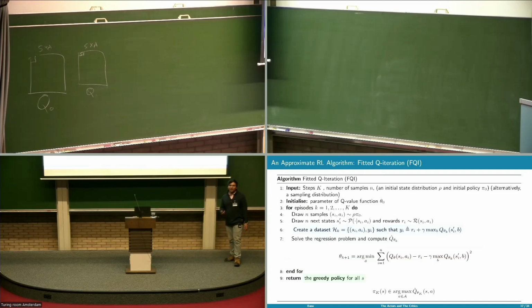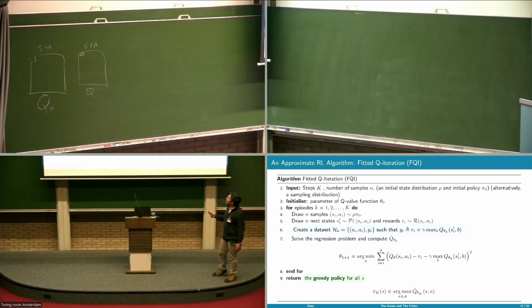And that gives us exactly the first generalization of the Q iteration that we have seen. This is called fitted Q iteration. If you think of why I was emphasizing 3 points, rollouts, evaluation, and then final policy improvement or policy recommendation: at every episode, we take an initial state distribution and an initial policy, or you can think you have a data set, or a simulator from which you can sample lots of state actions.